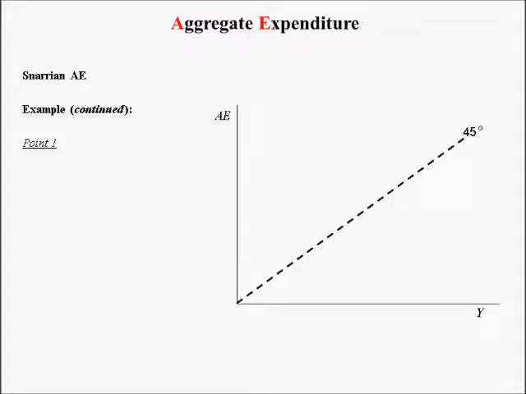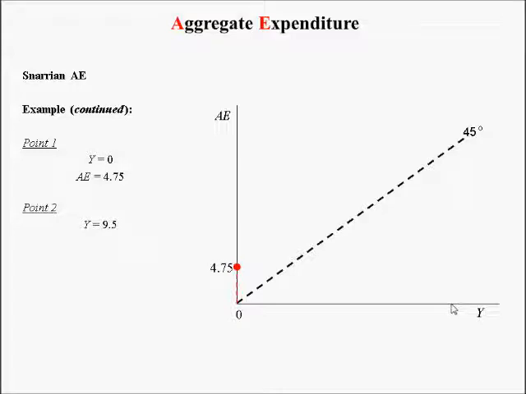Point 1, remember, was what? Real GDP was 0. Aggregate planned expenditure was 4.75. Okay, so we find 0 on the x-axis, the horizontal axis. We find 0, then we go up until we get to 4.75. Point 2 is way out here, somewhere out here, right?